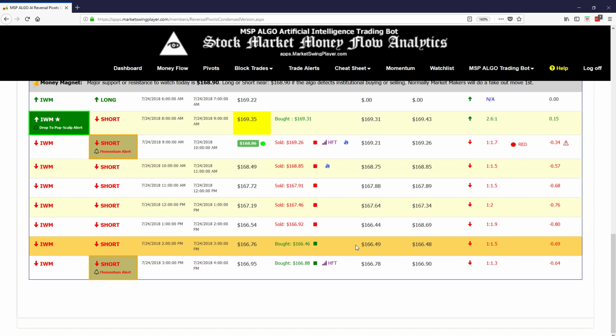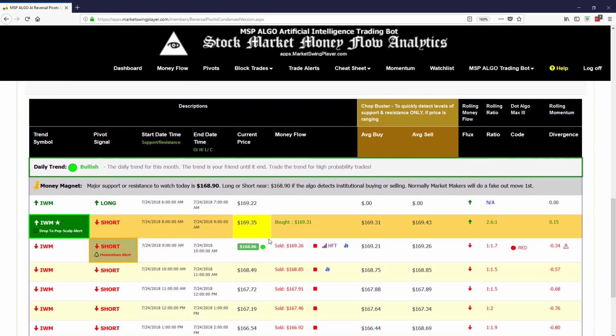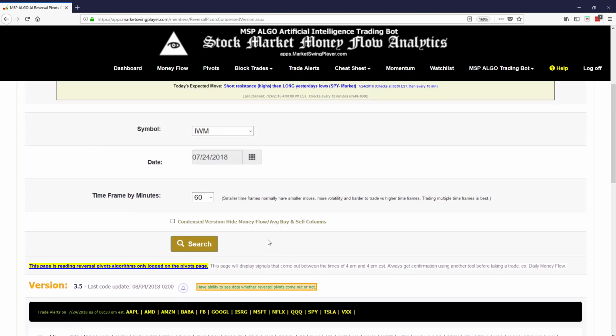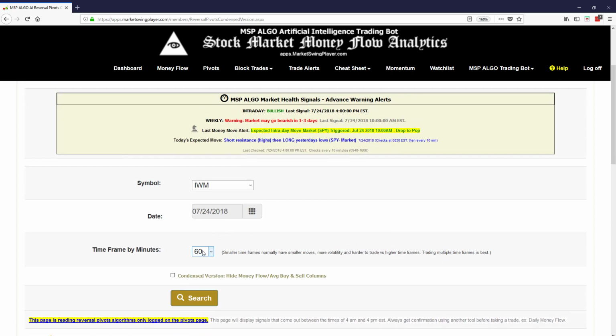You can also drill in if you want to. Because the 1 hour just clears everything up for you and gives you the clarity you need, just like looking at a 1 hour chart. But once you know what's going on, you can drill into the app.